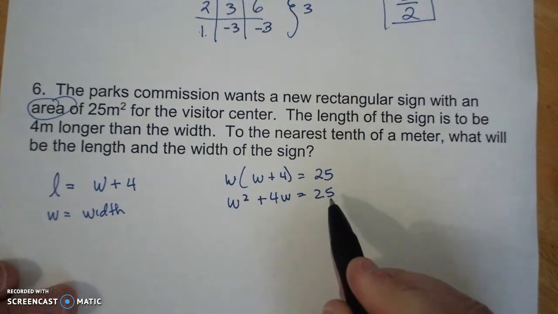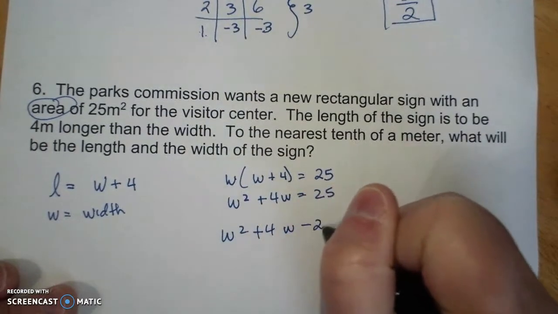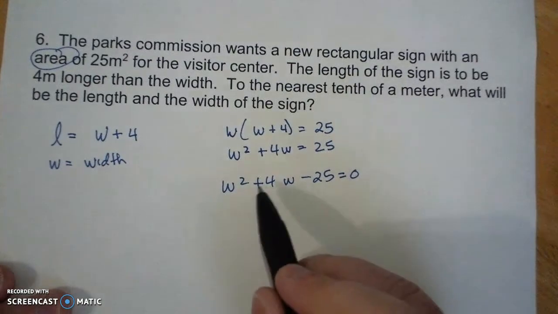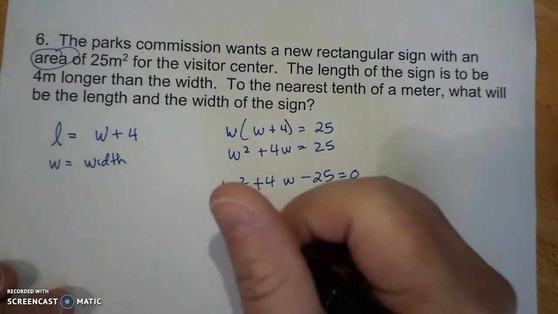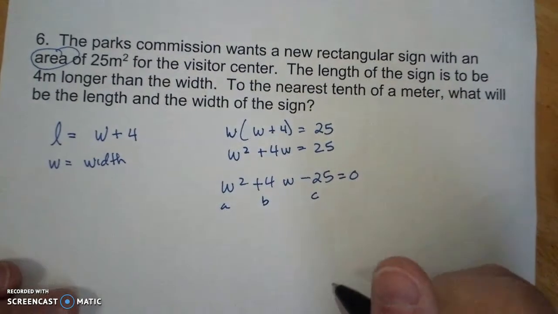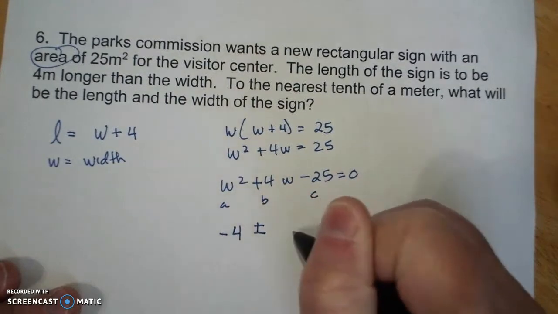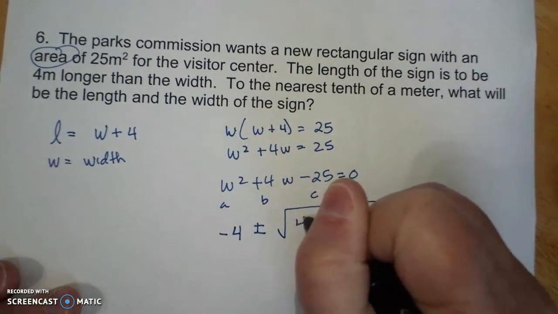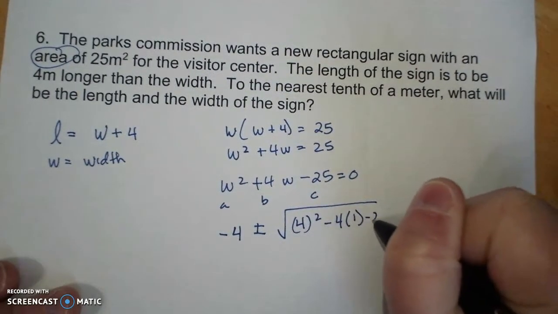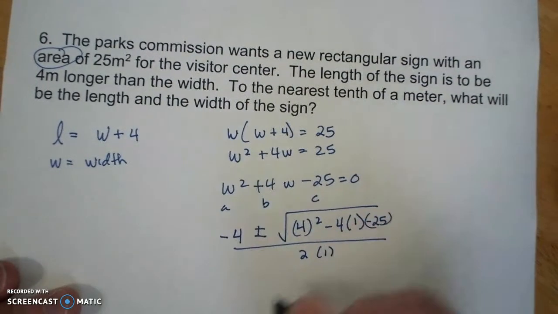Can't solve quadratics unless they're set equal to 0. Factors of 25: 1 and 25, 5 and 5, not going to get to 4. Have to do quadratic. This is my A, this is my B, this is my C. Opposite of B plus or minus square root of B squared minus 4AC all over 2A.